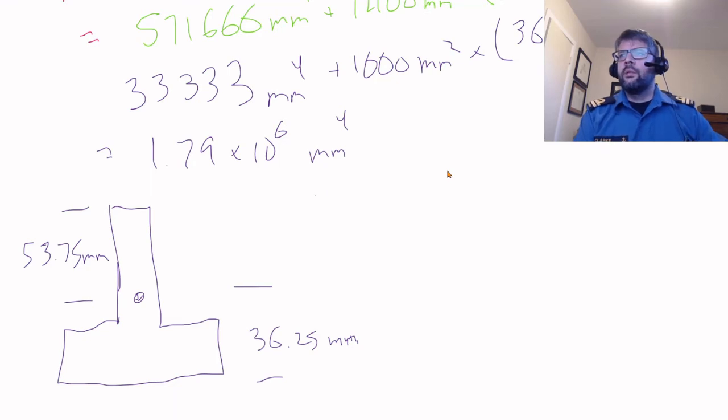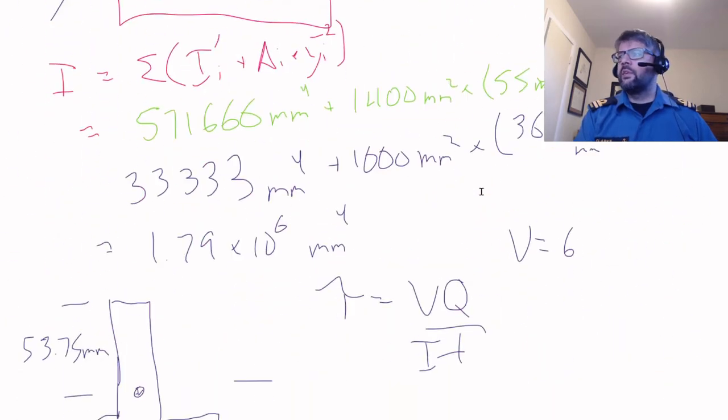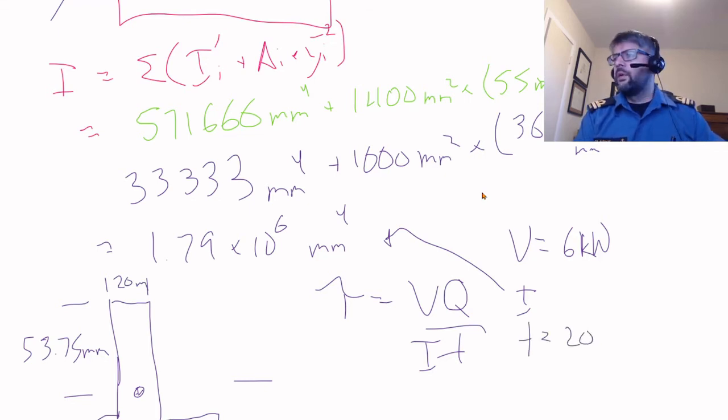Our shear stress is equal to V big Q over I T. So our V is equal to 6 kilonewtons. Our I is right there. Our T across that cross section is 20 millimeters. So what we need to know here is the Q.